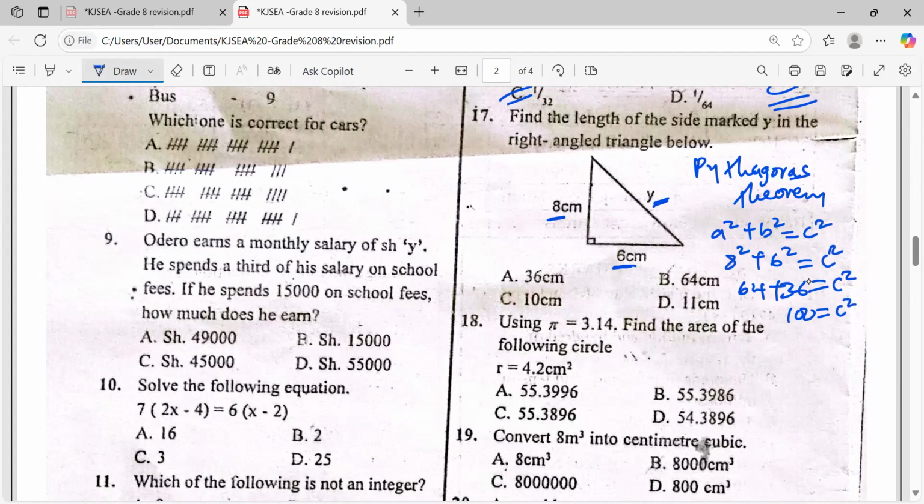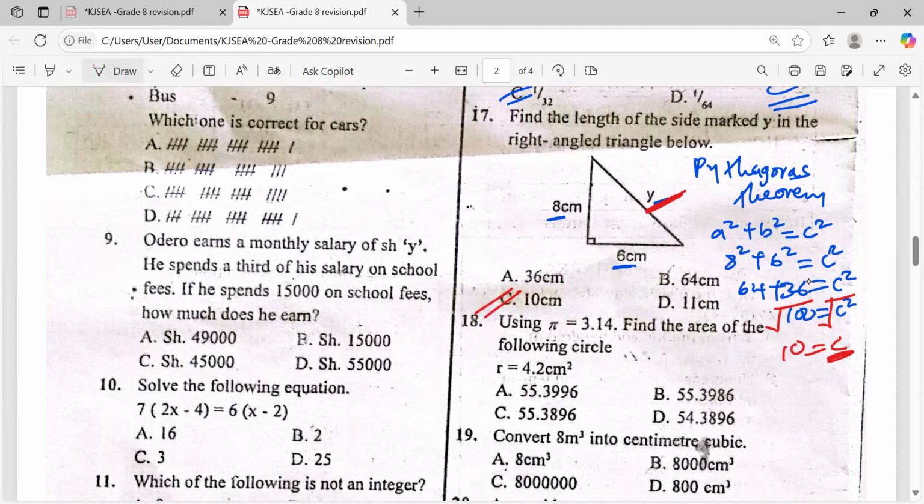You find the square root of both sides, the square root of 100 and the square root of c squared. So c becomes 10. Now this c is our Y, which means that our answer is C.